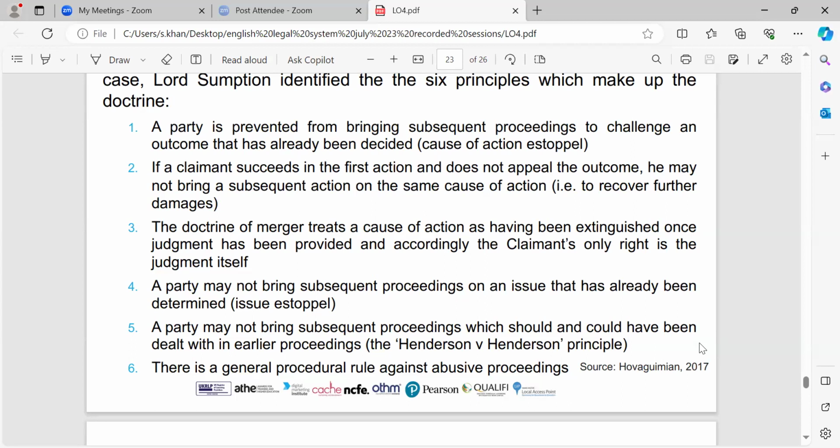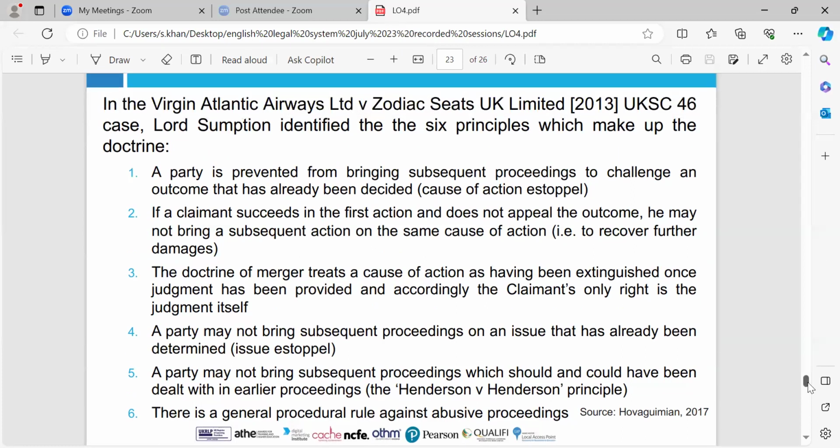So these are the 6 principles that were adopted in the Virgin Atlantic Airways Limited and Zodiac case, 2013.